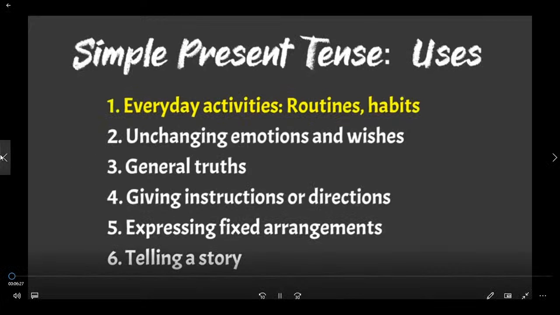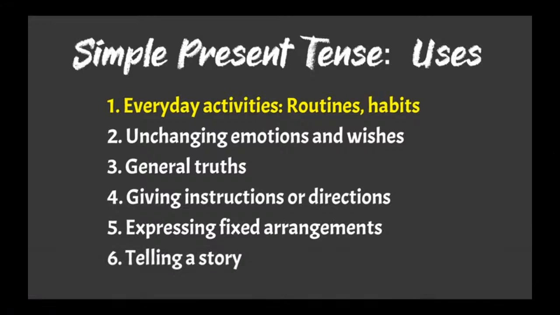Now, this is the most important part of the simple present tense explanation, and that is its uses. So the first one, and that's why it's highlighted in yellow, is the most important usage. So everyday activities, routines, and habits.